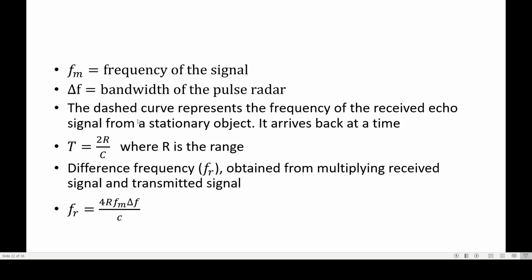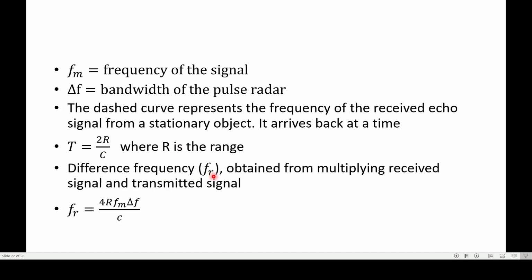Okay. Now, see, for a stationary object, we will get the beat frequency like this. Now, another equation. Fm I have already mentioned is the frequency of the signal, and delta F is the bandwidth of the pulse radar, and the dashed curve represents the frequency of the received echo signal from a stationary object. It arrives back at a time T equal to 2R by C, where R is the range.